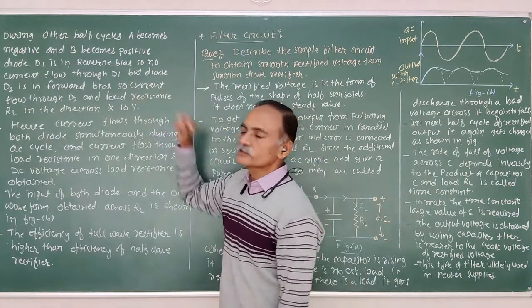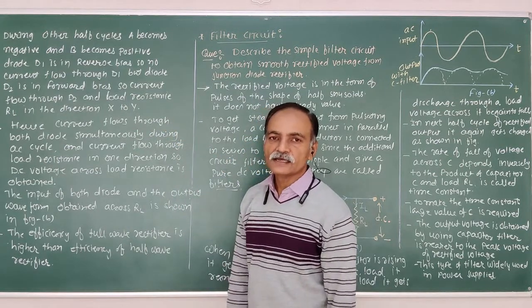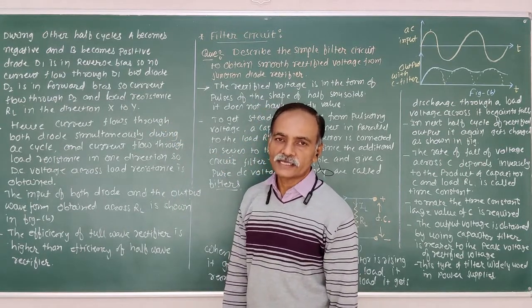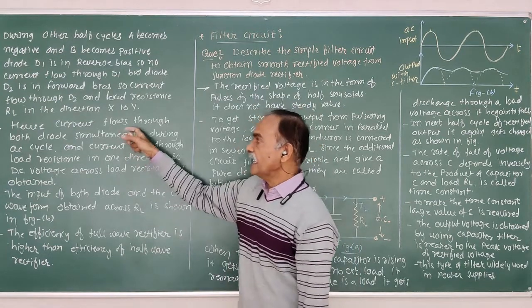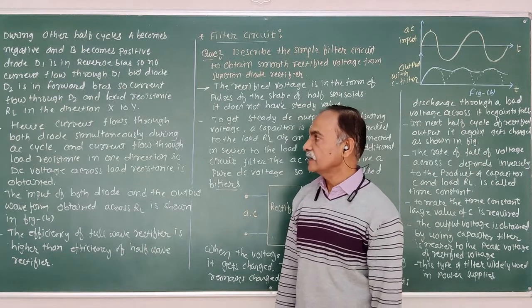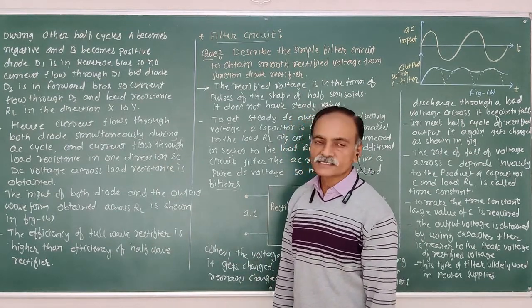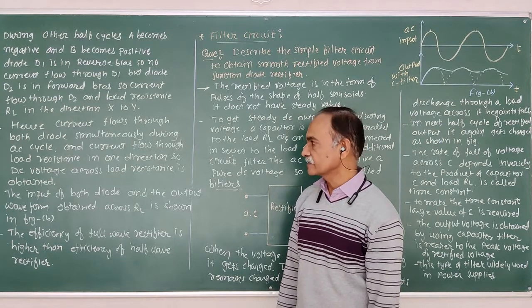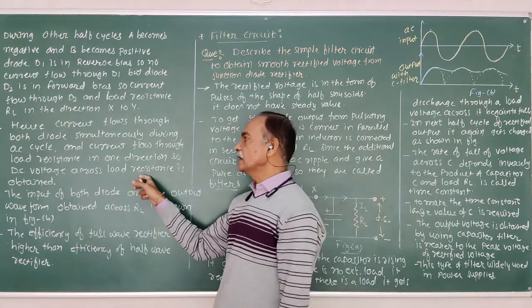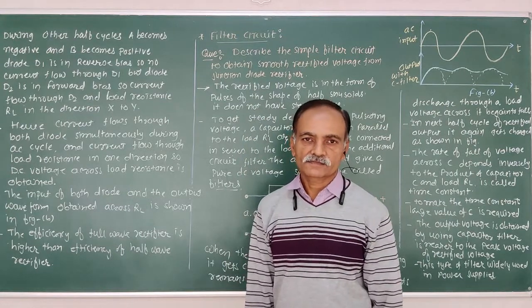Therefore, current flows through the diode D2 and load resistance R in the direction x to y. Hence, current flows through both diodes simultaneously during the AC cycle and current flows through the load resistance R in one direction. So, DC voltage across the load resistance R is obtained.